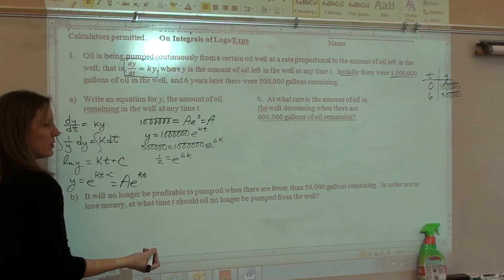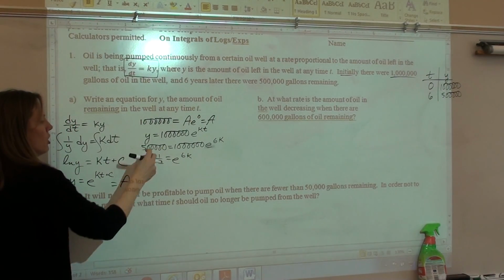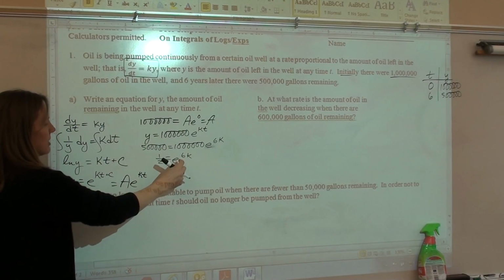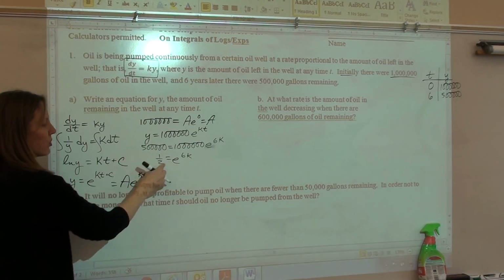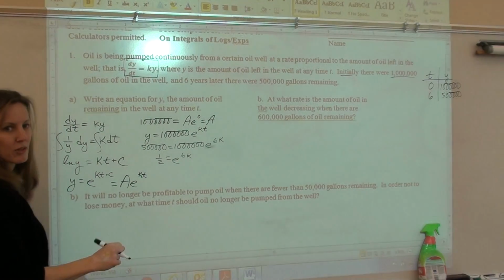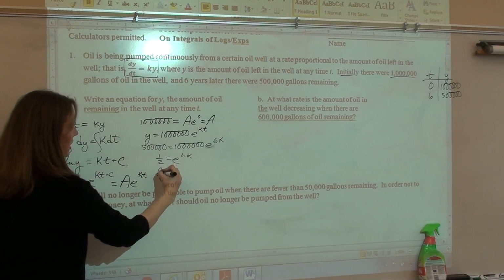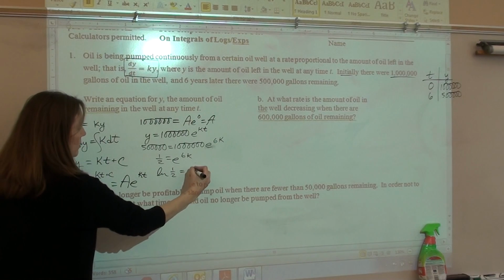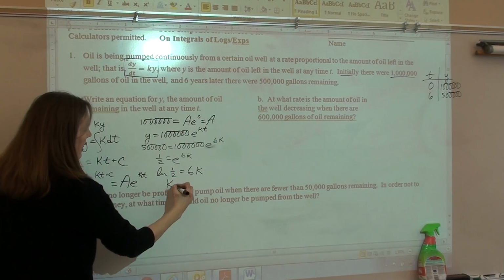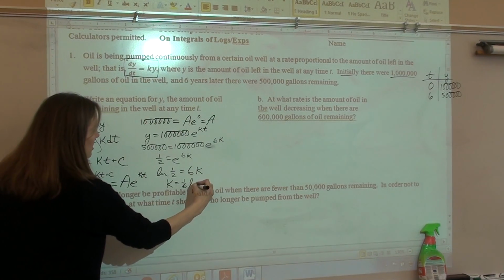A couple people took natural logs here. You have to get the e by itself first before you take the natural log of both sides. Otherwise, you can't cancel it properly. So now we take the natural log of both sides. We get ln of 1/2 equals 6k, and k is 1/6 times the natural log of 1/2.